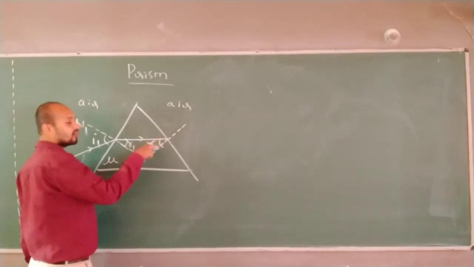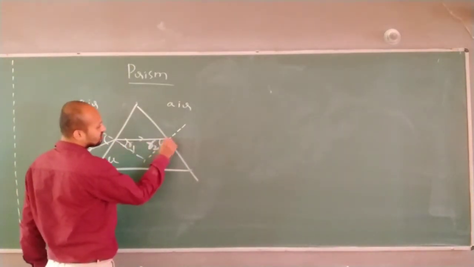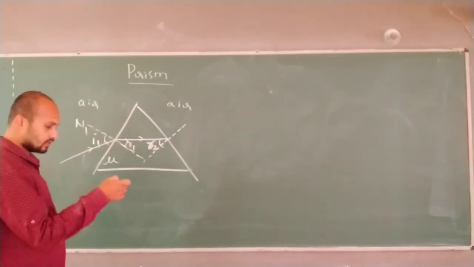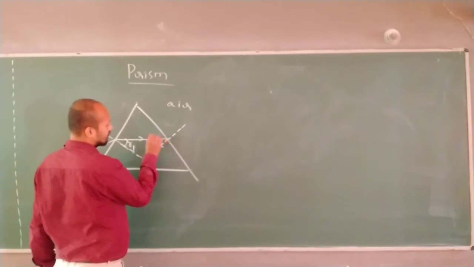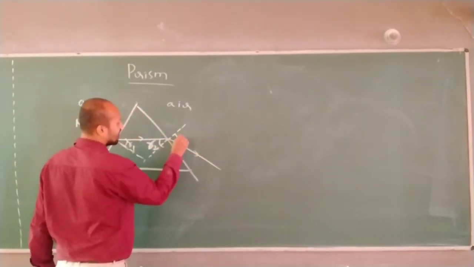So R2 is the angle of incidence for this surface. Got it? Now this will get bent away. Let us take this angle as I2.